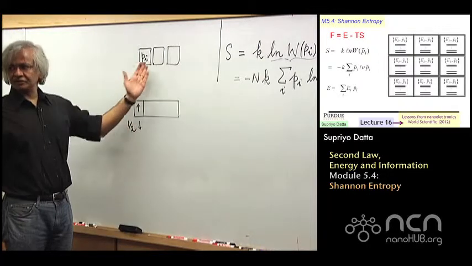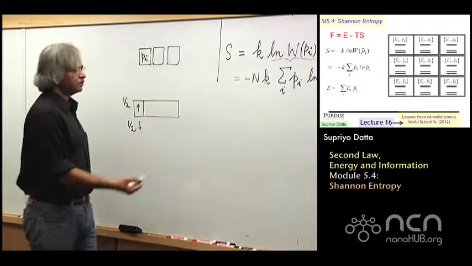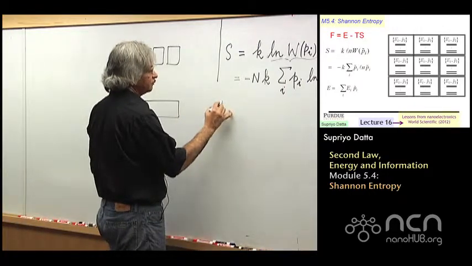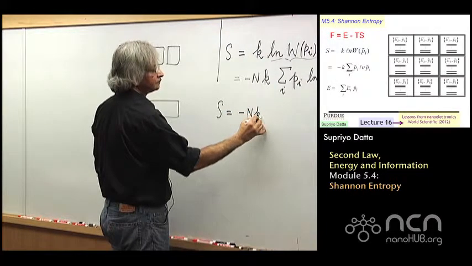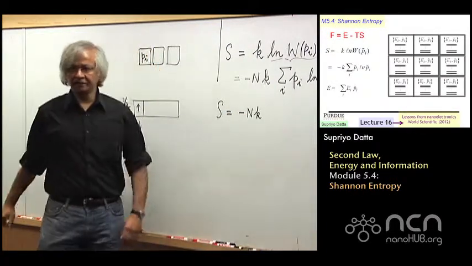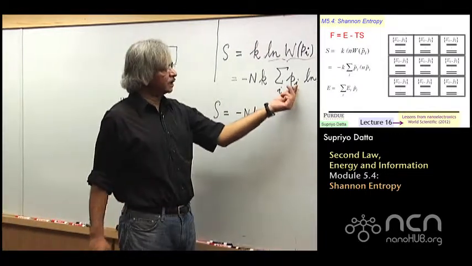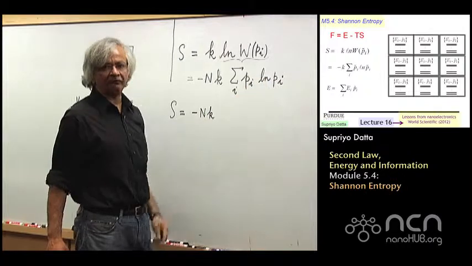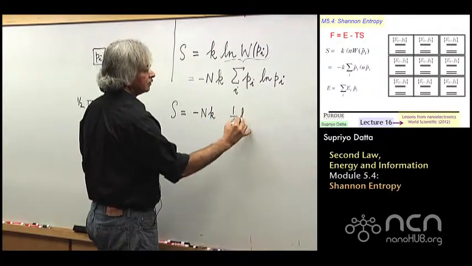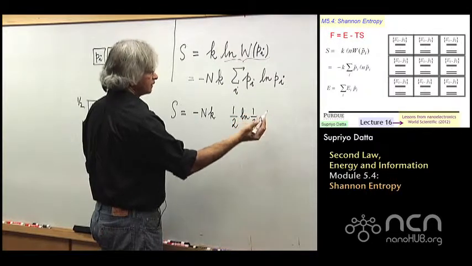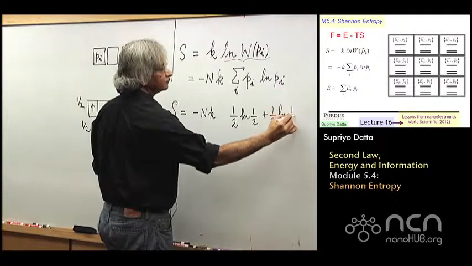So when I have this random collection of spins, then what would be the entropy? Well, the entropy will be minus nk, and the summation over i then has to sum over those two states, and each one has a p_i of half. So I'll have half log half plus half log half.